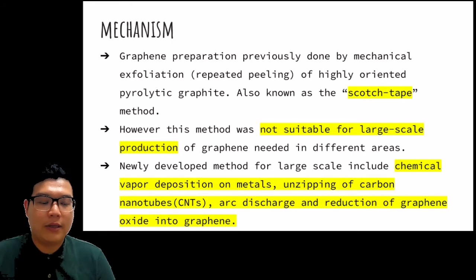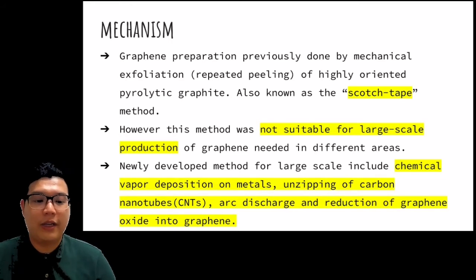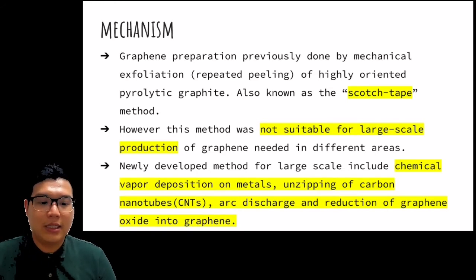However, this method is not really suitable for the large-scale production of graphene needed in different areas. But there are newly developed methods for such use. These include chemical vapor deposition of metals, carbon nanotubes (CNT), arc discharge, and reduction of graphene oxide into graphene.